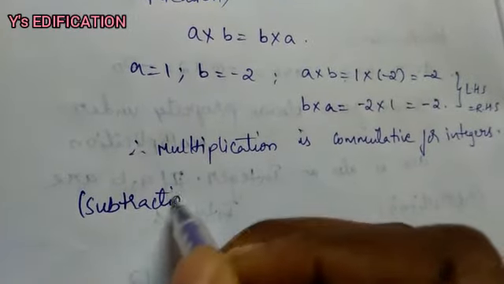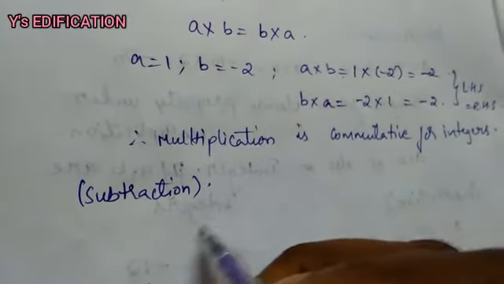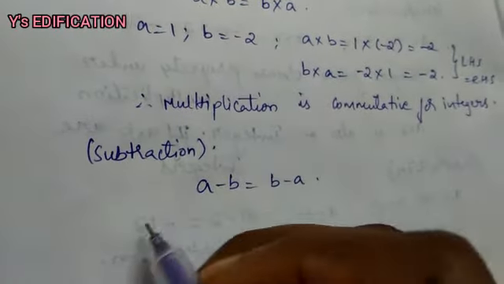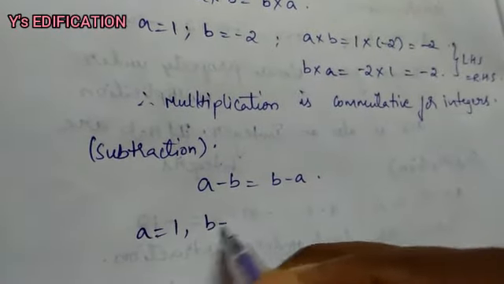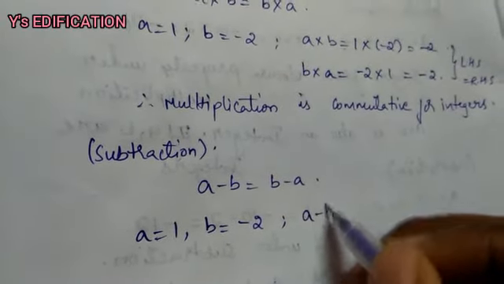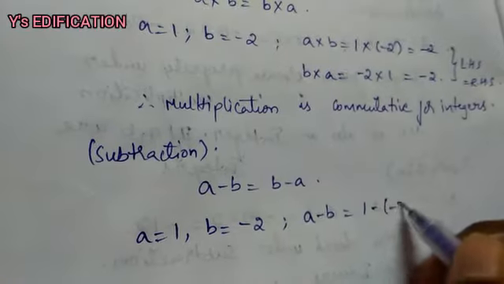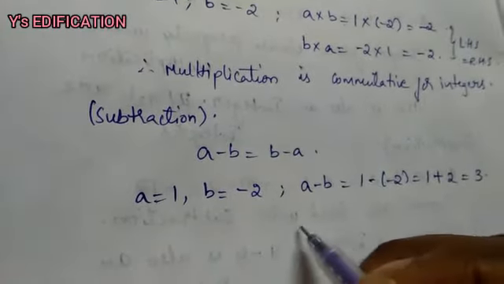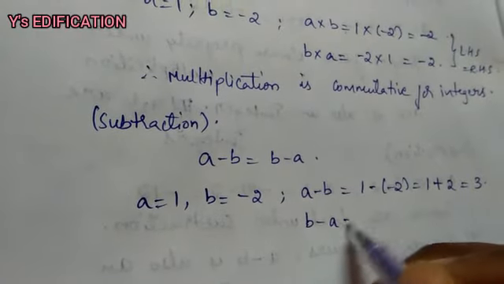Okay, next let us do with subtraction. So how can we say that a minus b is equal to b minus a? Let me take again the same example. a is equal to 1 and b is equal to minus 2. Okay, substitute. What is a minus b? 1 minus of minus 2, that means 1 plus 2. Answer is 3. What is b minus a?